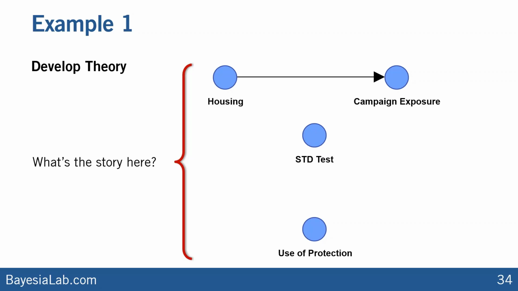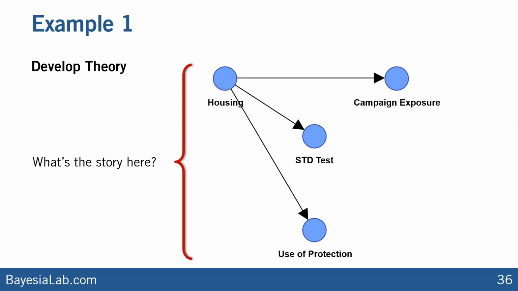So if you perhaps live somewhere in the affluent suburbs, you would perhaps be less exposed to such campaign posters, etc. So that's my hypothesis. The same way, perhaps housing, where you live and what socioeconomic strata you are, depends on whether or not you would do an STD test. So that's my second assumption.